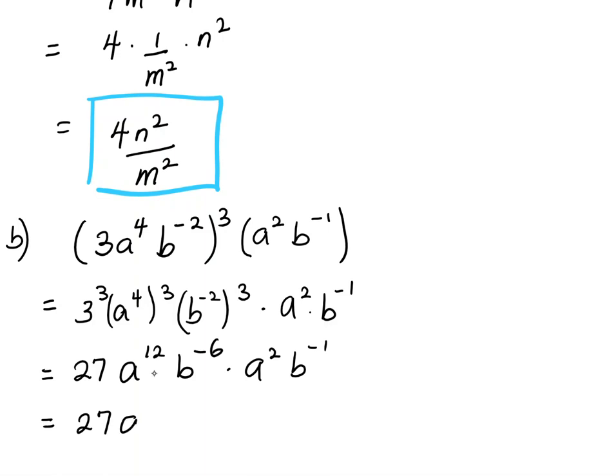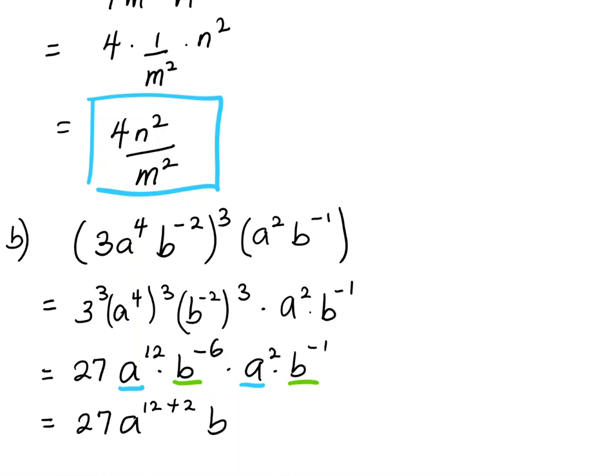Then remember, everything here is multiplication, so you can use your rule. So a raised to power 12, this is a raised to power 2. So remember, you have to add because this is multiplication, and remember, you have the same base, a and a. Then what of when we have b? Well, we have multiplication in between as well.